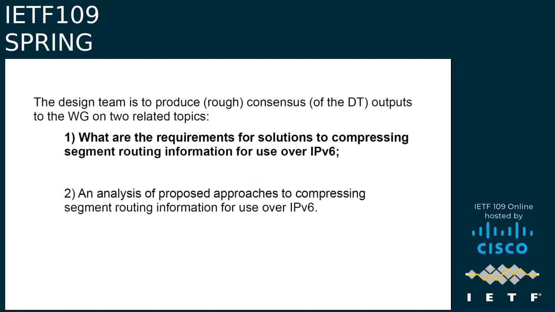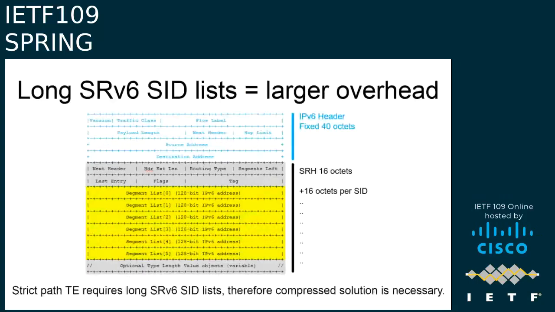I think this document focuses on the requirement. Next page. Just now someone asked if there are use cases. I think this figure shows the packet header with SID list. Obviously, if strict path TE is deployed, the SID list will be too long.